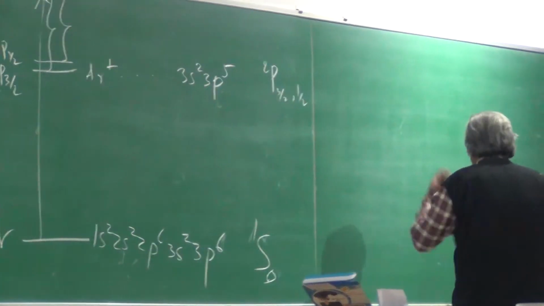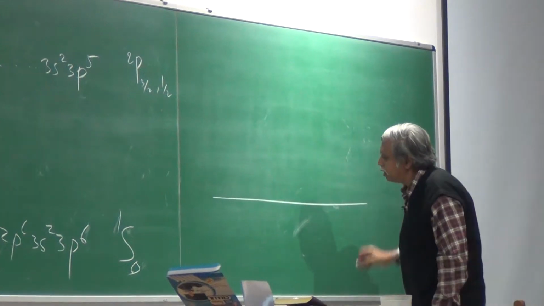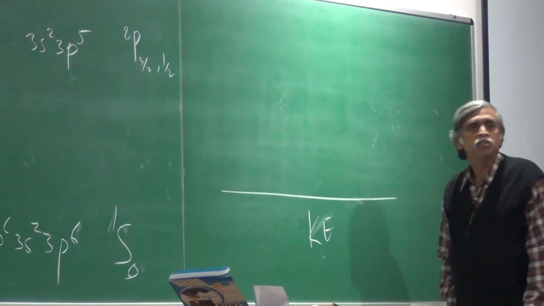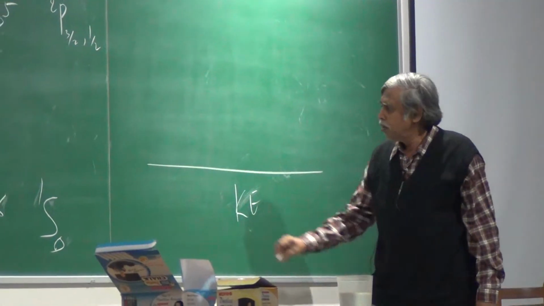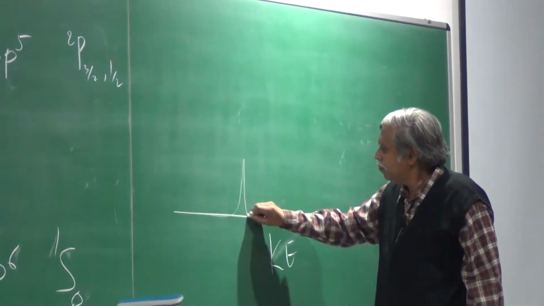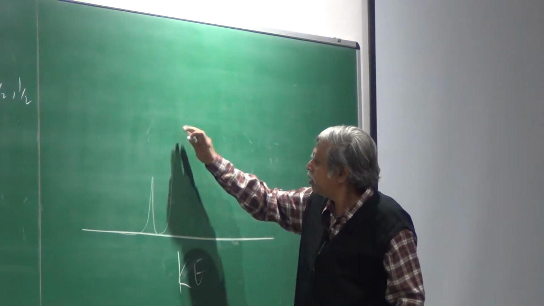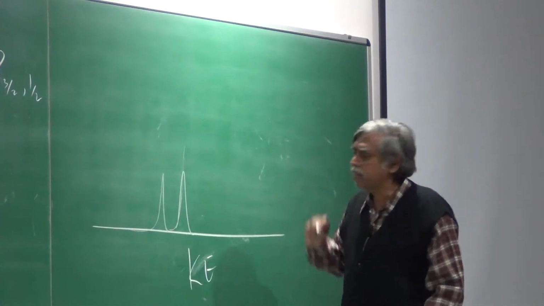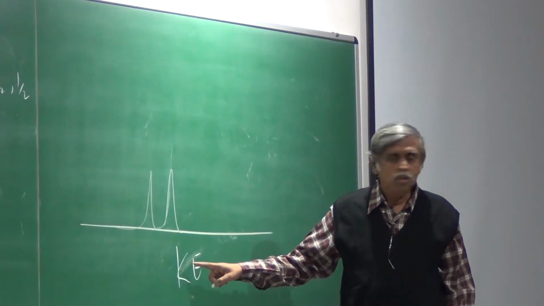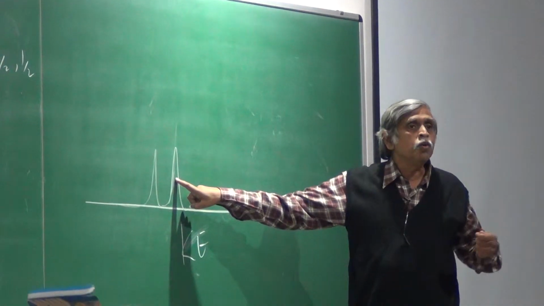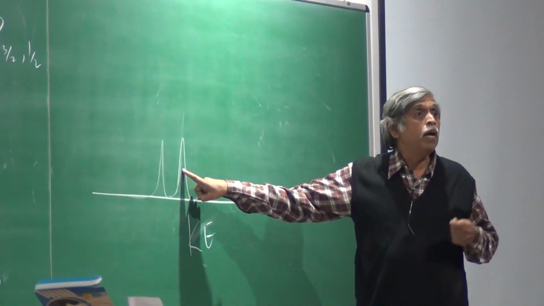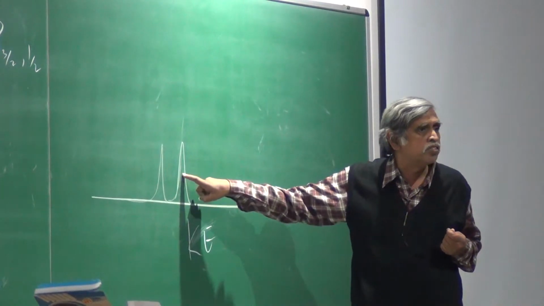We'll see that. So now if I were to plot in terms of the kinetic energy of the electrons, what will I get? First I will get one peak with the lower kinetic energy, and then another one with higher kinetic energy. The higher kinetic energy will belong to what transition? Or where am I leaving the argon to get this?